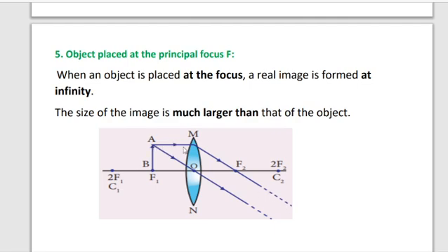First rule, a ray parallel to the axis, after refraction, passes through the focus. A ray passing through the optical center passes without deviation. So both also meet at infinity maybe. So we get the image at infinity. What about the size? The size of the image is much larger than that of the object. When the object comes closer to the optical center, the image size is increased.